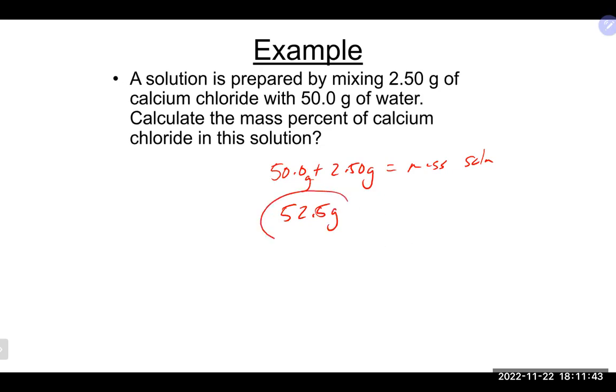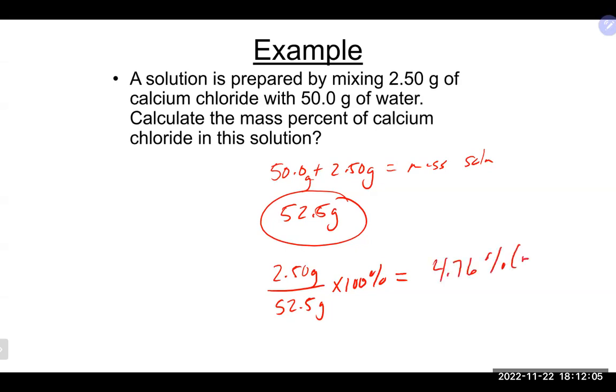And that is what we want to use on the bottom of our calculation, where we would take 2.5 grams divided by 52.5 grams times 100%. And that gave us our percent by mass of, I believe, 4.76% by mass calcium chloride.